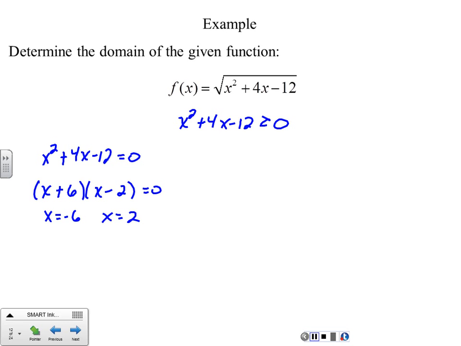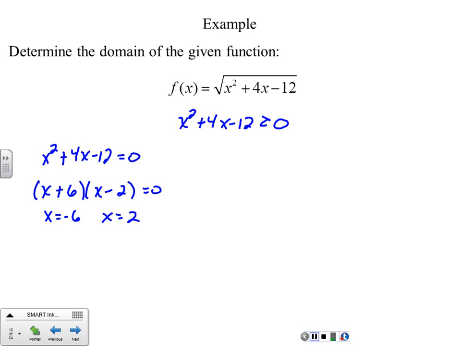So what does that mean? Not yet. We're just dealing with the equal to part. What does that mean? What would happen if I plug in negative 6? Try it.